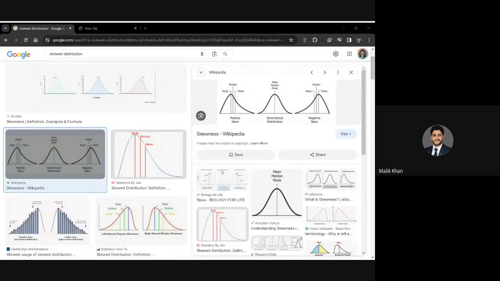Qualitative data, which is also known as categorical, could be either nominal or ordinal. Nominal is when there is no logical order to the data. For example, gender, it could be male, it could be female. For example, religion, it could be Islam, it could be Christianity, or whatever religion.